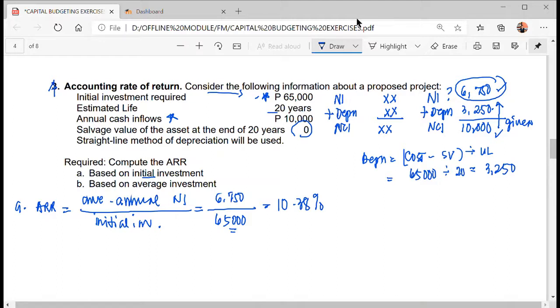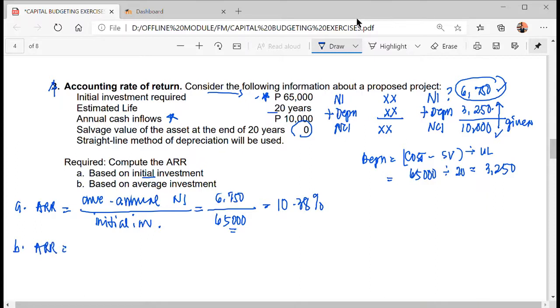So, if I invest 65,000, every year I'm going to get 6,750 from my investment, and that is equivalent to 10.38% of my investment. So, it depends on you whether that return is okay or you want more. Then, what if it is based on average?